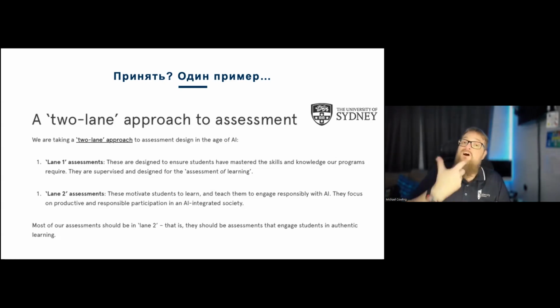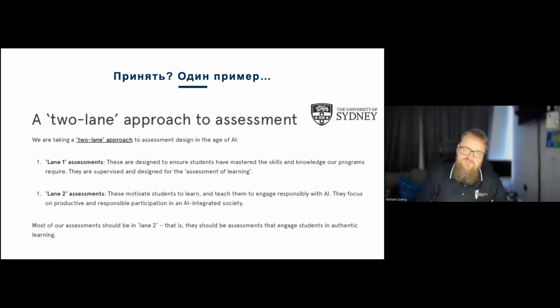So when you're designing your assessment, make a decision, right? Are you designing your assessment to not use generative AI, in which case you should tell the students that this is a lane 1 assessment?